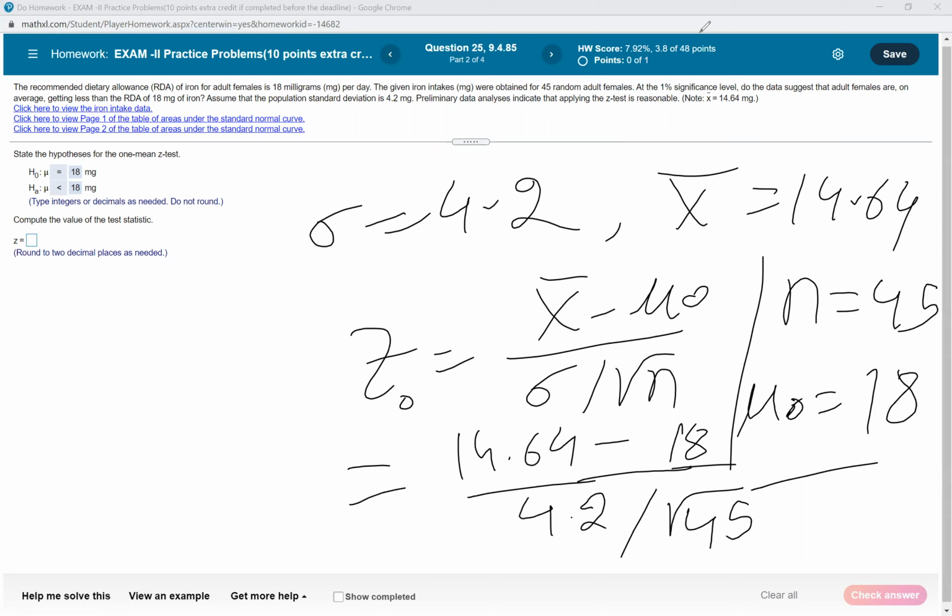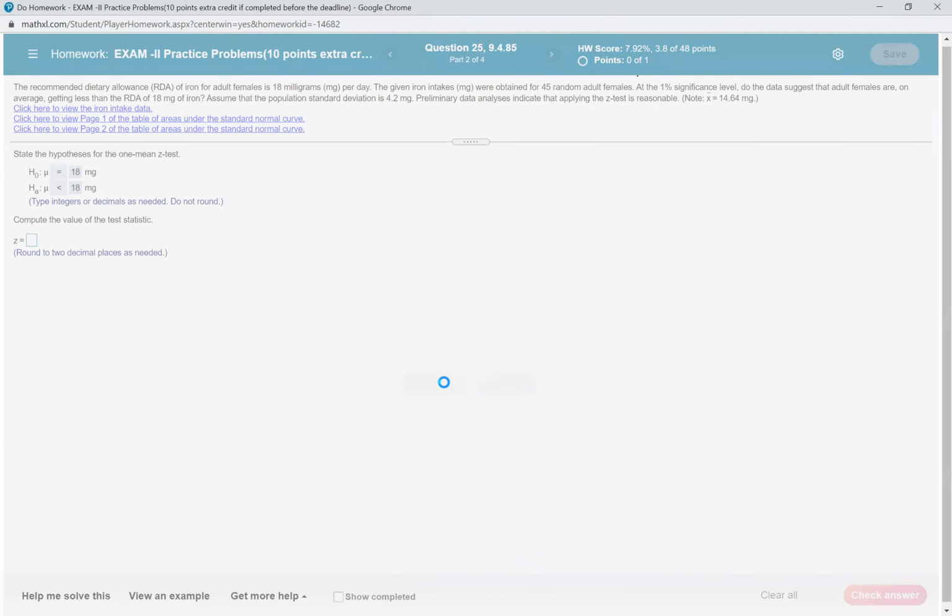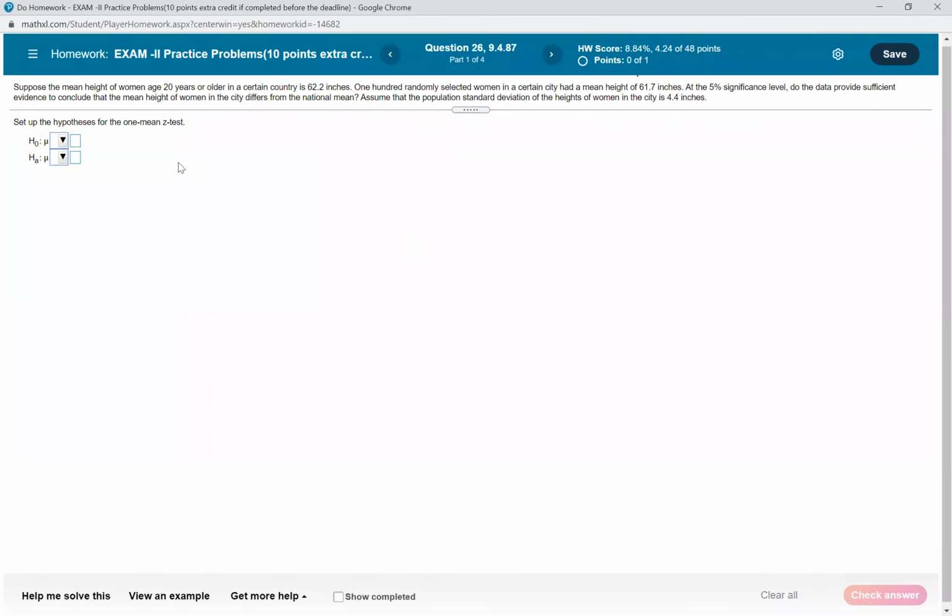Okay. So let me clear all the drawings. So let's move to the next problem. Suppose the mean height of women aged 20 years or older in a certain country is 62.2 inches. 100 randomly selected women in a certain city had a mean height of 61.7.